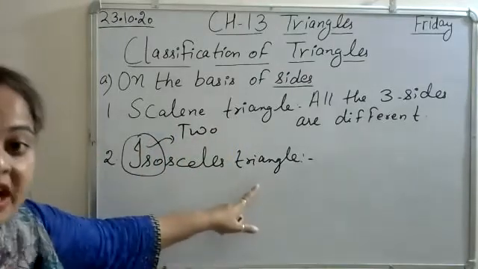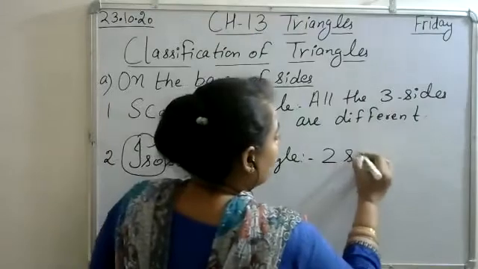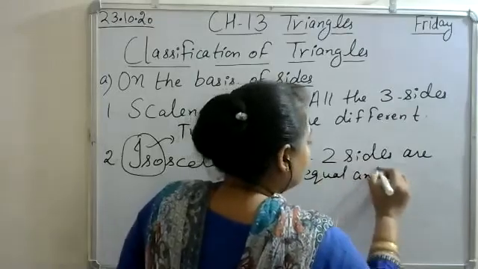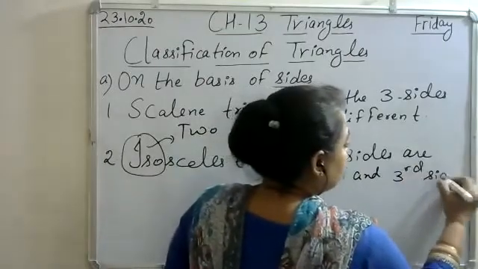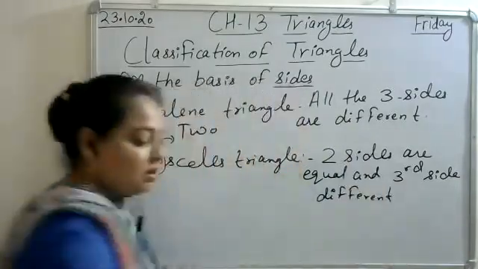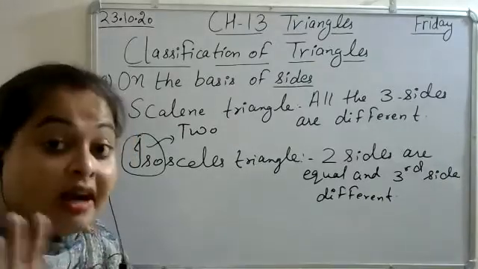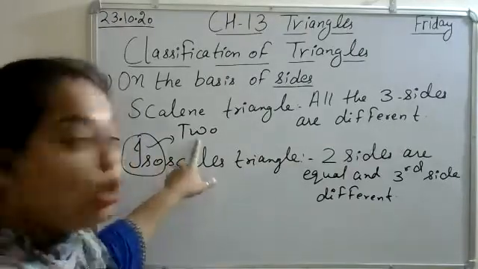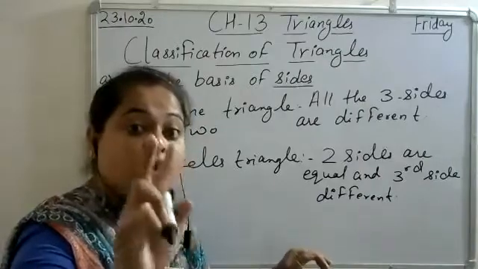So in this triangle you will observe two sides are equal, and the third side is different. So no need to cram, understand the concept. What is the meaning of iso? Iso word is used for two. So isosceles triangle is a triangle in which you will observe two equal sides.